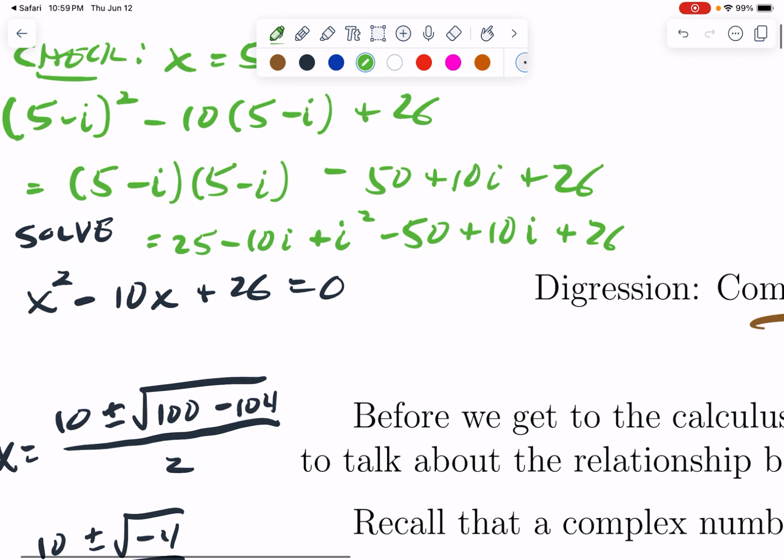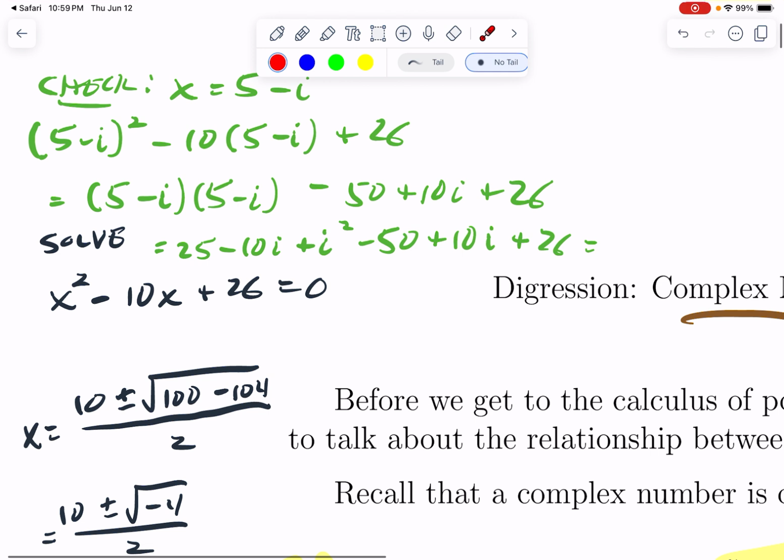And let's see what happens here. Sorry, this is 25. This is i squared, which is -1.